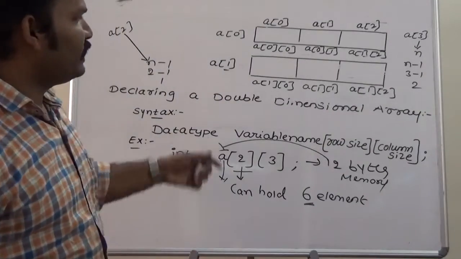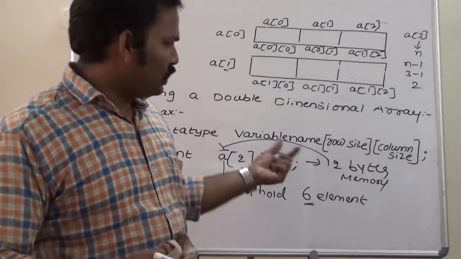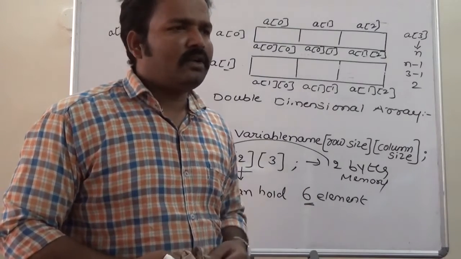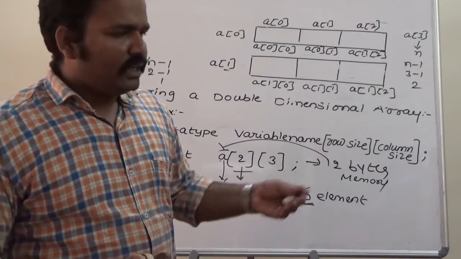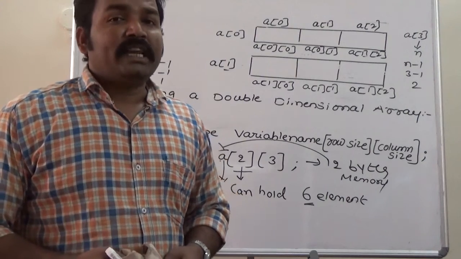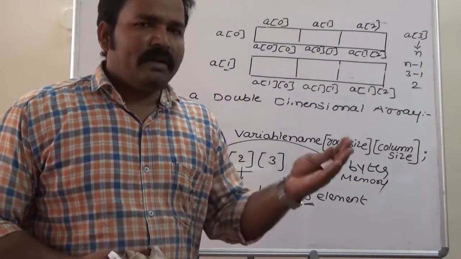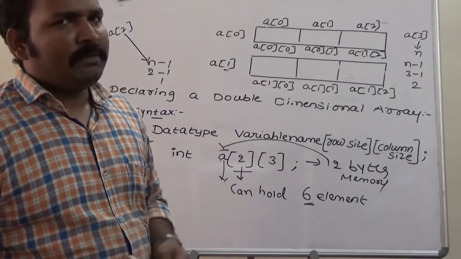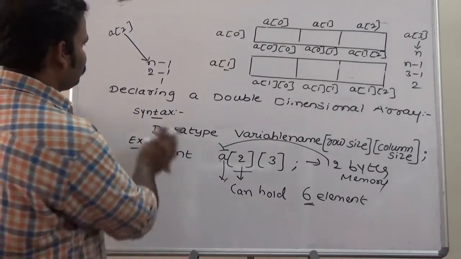So, clear, this is declaring a double dimensional array. Up to now we have just declared it, we have not assigned any elements. Next we'll see how to assign elements to a double dimensional array variable.